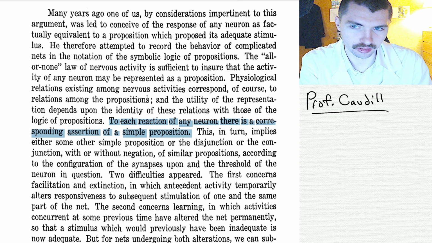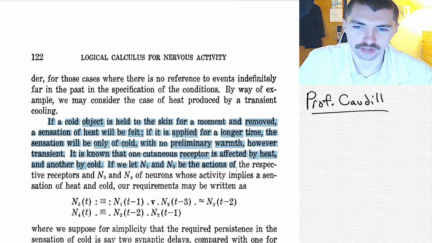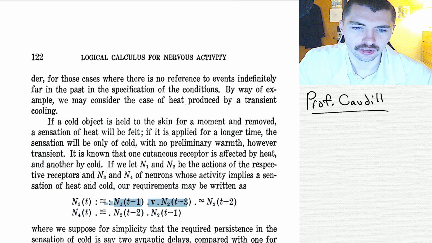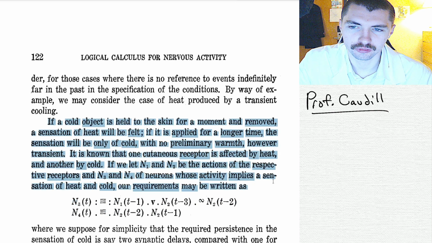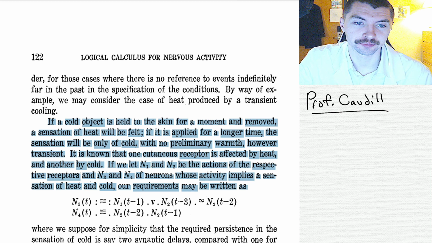The next thing is the cold object. I found this whole paragraph interesting. I don't really understand the syntax here. It's borrowing from Russell and Whitehead, and it only cites about 3 papers.